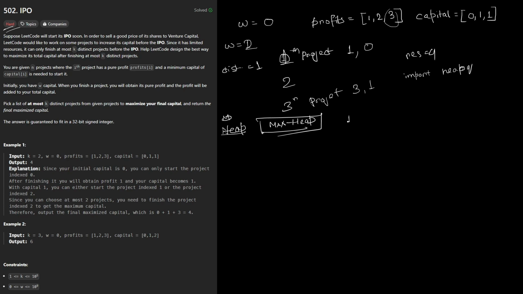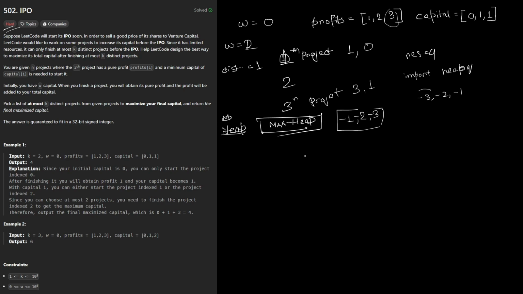Let's say I have these values, and I will add a negative to each value. So the min heap would become -3, -2, and -1. Once I pop, I am going to get the largest element, and then I can negate it back. In this way, I can create a max heap by just multiplying all the values by -1.